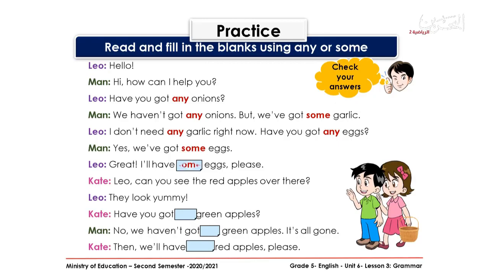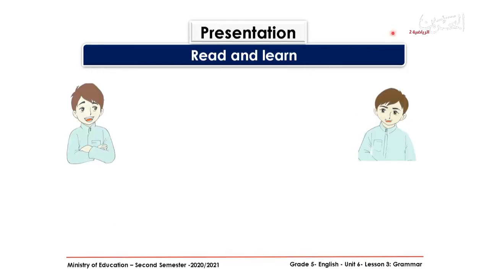Great, I will have some eggs again. Let's move to Kate. Have you got any green apples? And then we haven't got any green apples. And lastly, we will have some red apples.